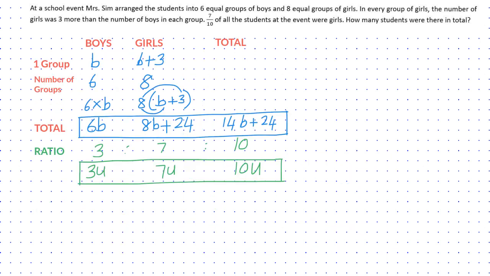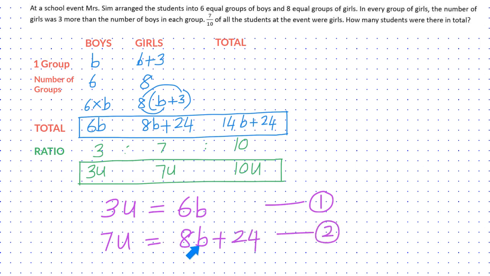I'm going to come up with my 2 equations using the boys and the girls. If we take a look at the boys, we can see that 3 units is equal to 6B. Similarly, in the case of girls, 7 units is equal to 8B plus 24.